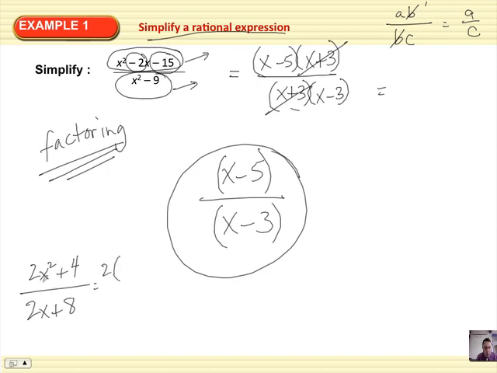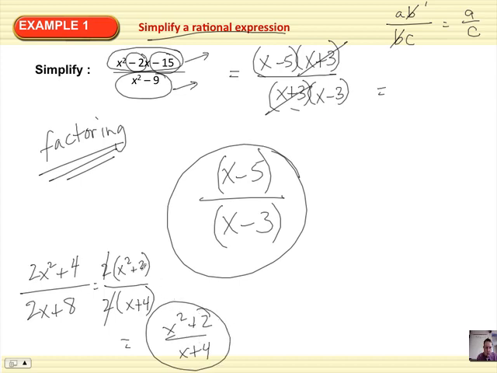Pull out a 2, you get x squared plus 2. On the bottom, 2 and 8, you can pull out a 2 as well. That's x plus 4, and 2 divided by 2 cancels out. You're left with x squared plus 2 over x plus 4. You can't do anything with these two things here. So just be careful.